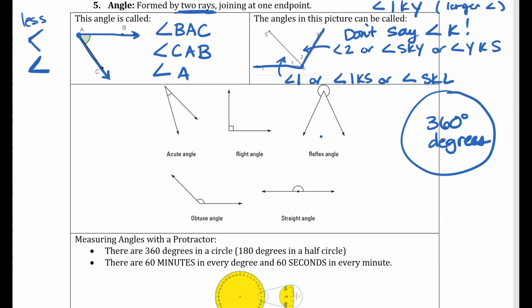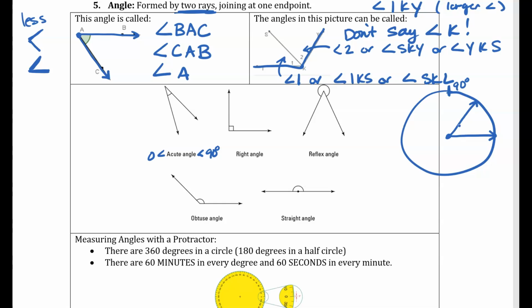So if you think about this 360 degree circle and you think about the center, let's start here to the right. If I were to make an angle that's less than 90 degrees, so 90 degrees is right here, that is what we call an acute angle. So an acute angle is greater than 0, so it's not just a straight line, but it's less than 90 degrees. Okay, so it's a less than 90 degree angle.